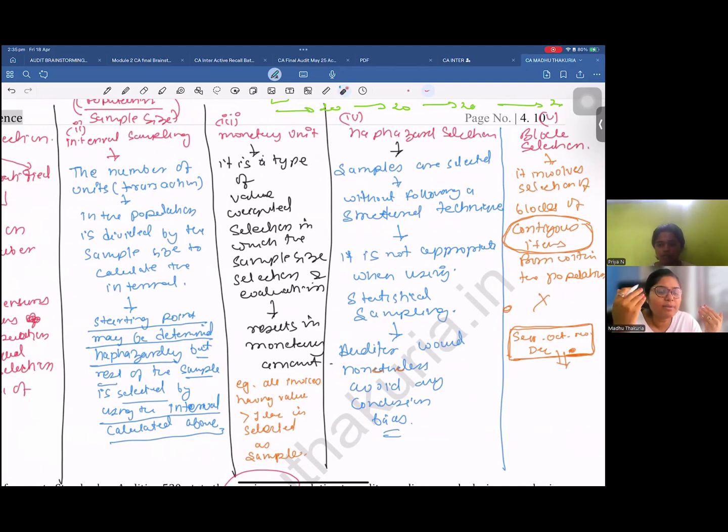So you decided that because it is a high sales period, I will only select the sample of September to January. I will not check rest of the month. That is called as block selection. It involves selection of blocks of contiguous items from within the population, right?